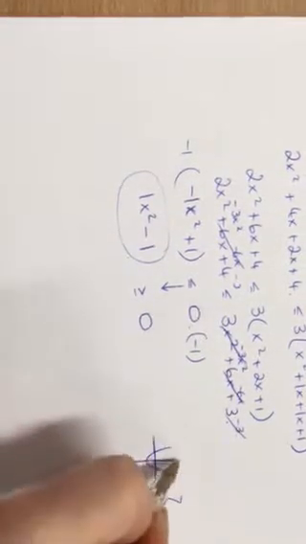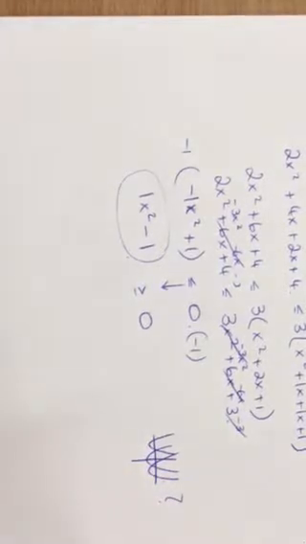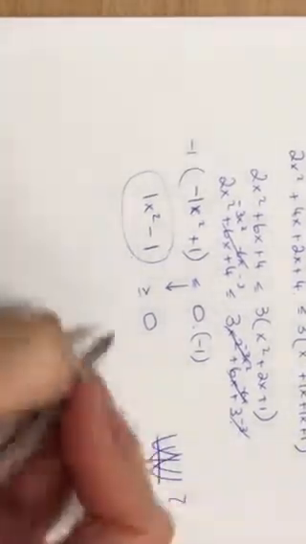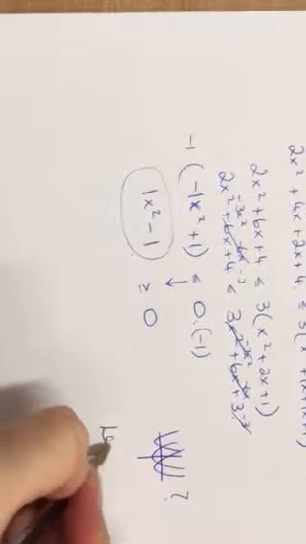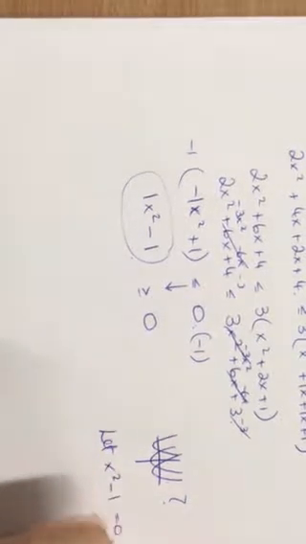We know it's going to be a U shape, but I don't know where it sits left or right. In order to figure that out, I need to find the roots. So I'm going to let x squared minus 1 equal 0. There are loads of ways to do this. I'm going to do it by the difference of two squares. You could also bring the numbers to the right.